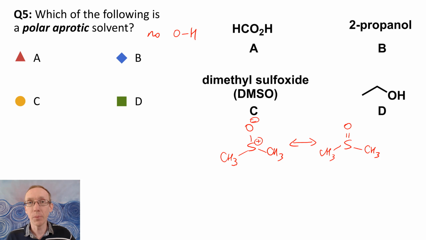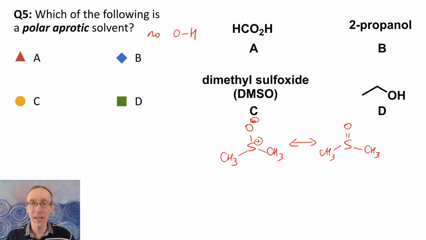That's probably not as important a resonance form because there's really no significant pi bonding between the oxygen and the sulfur in this molecule. So really we've got a very polarized sulfur-oxygen bond here.